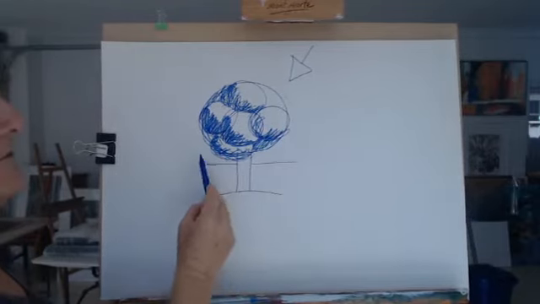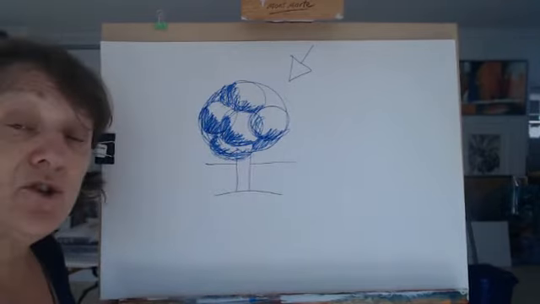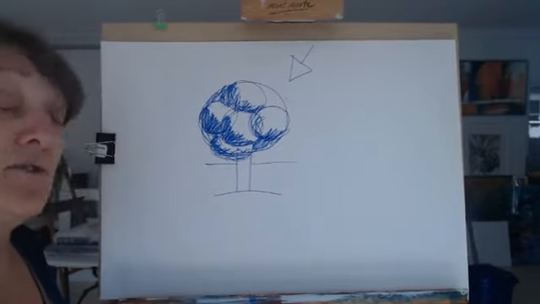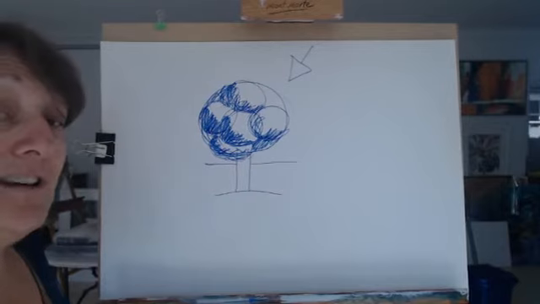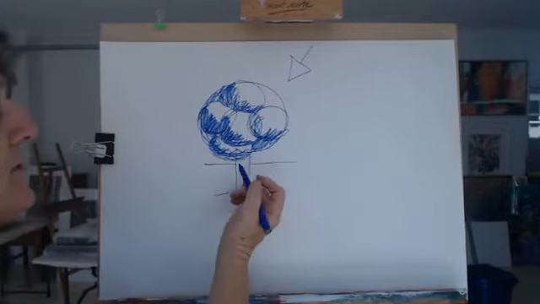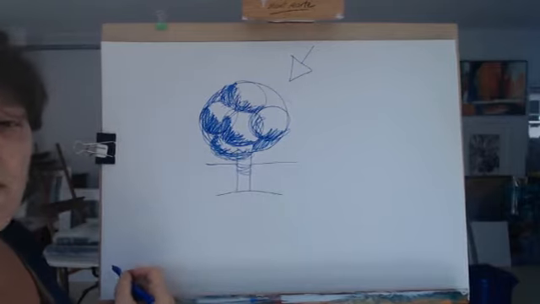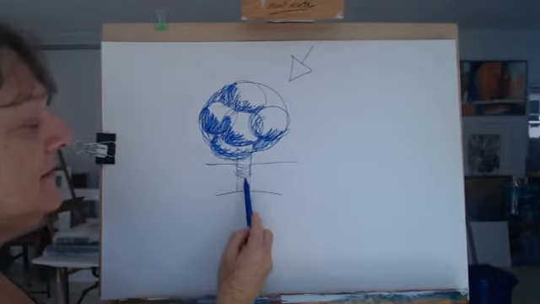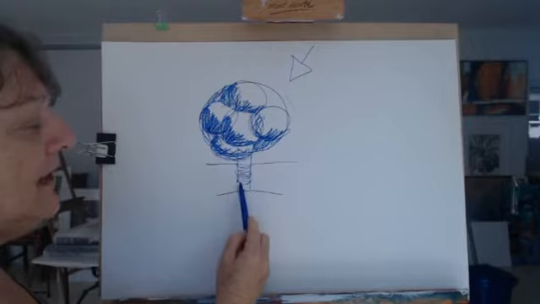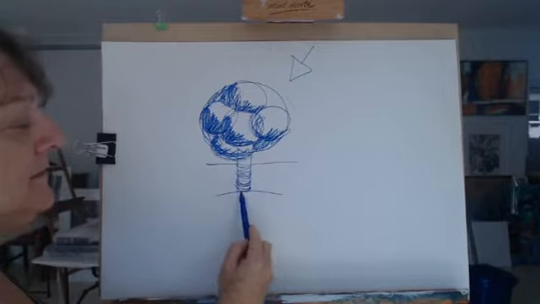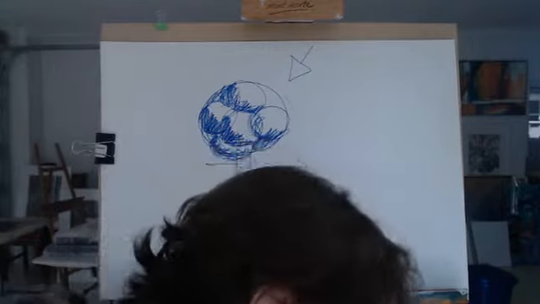But you can see I've already created the illusion that this tree is three-dimensional. And remember the cylinder that I put the ellipses on, you can give that illusion that your tree trunk has form by doing that.